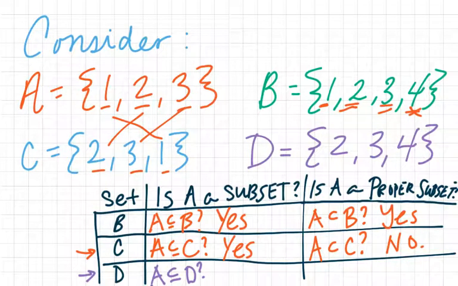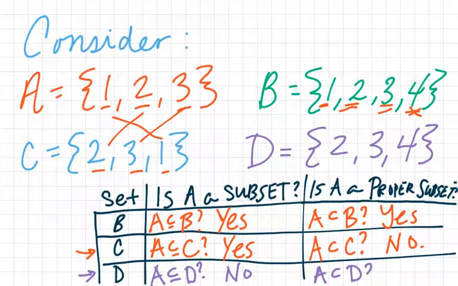So all the elements of A are not contained in D. So therefore, A is not a subset of D, and therefore A is not a proper subset of D because they're not even subsets. If you're not a subset, you can't be a proper subset. So that's kind of an assumed part of that definition.